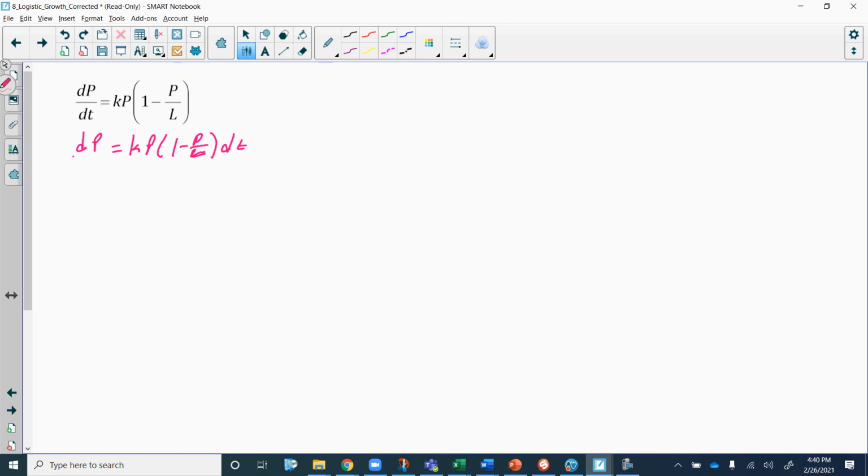So essentially what we want to do is get all of the P terms on the left side of the equal sign, on the same side with dP. So we're going to divide both sides by P and the stuff in parentheses, or multiply by the reciprocal. So we can say 1 over P times 1 minus P over L, dP, will be equal to k dt.